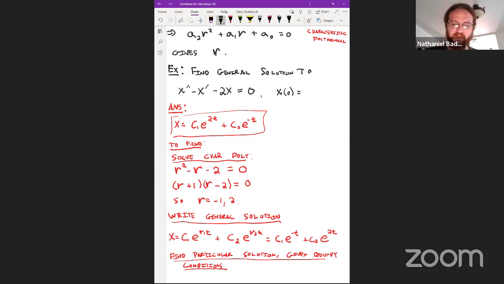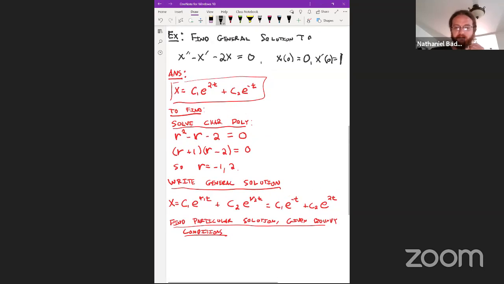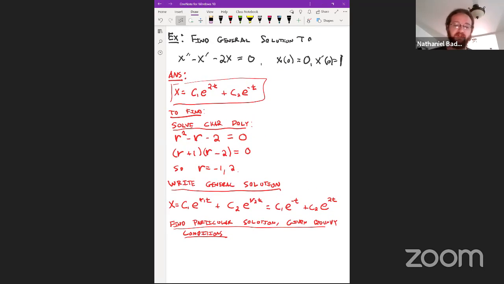So in this case, a pretty typical thing would be like x at 0 is equal to 0, and x prime at 0 is equal to 1, as an example. So in this case, we actually have to write down some equations now.